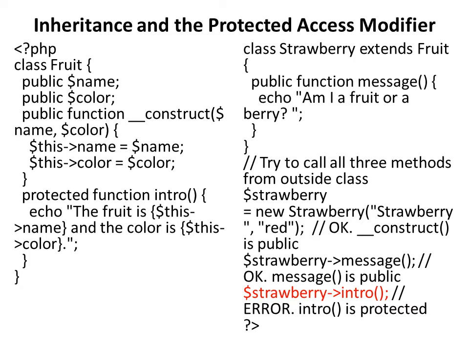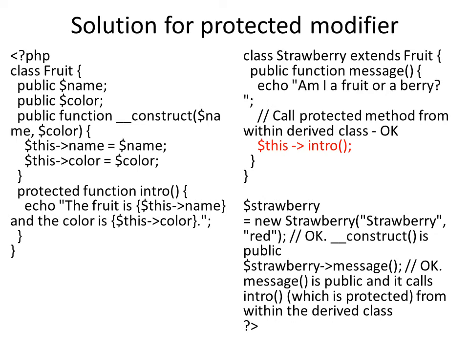To overcome this error, we have the following solution. Instead of calling intro outside the class, you call intro inside a derived class. So here I have called the intro function inside the message function, which is a derived class function.